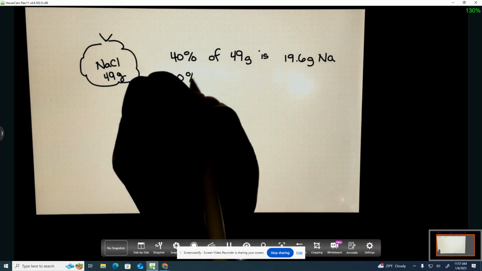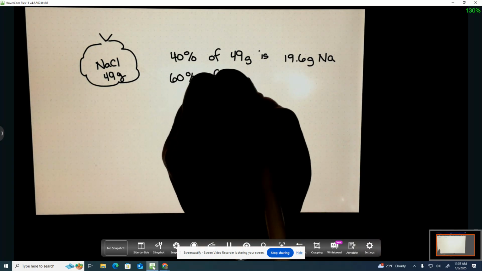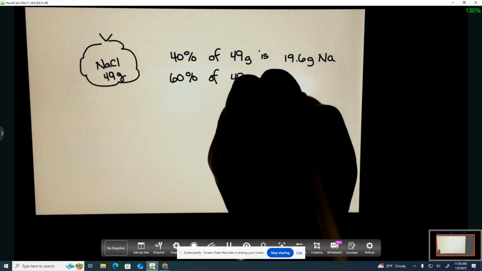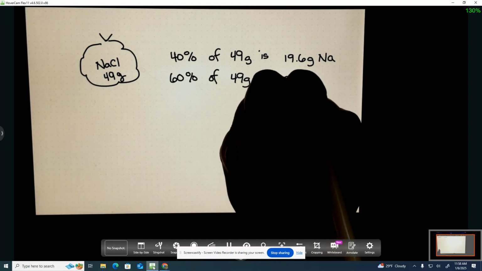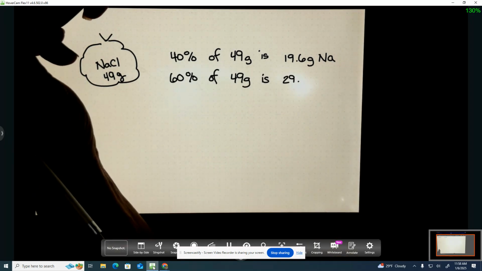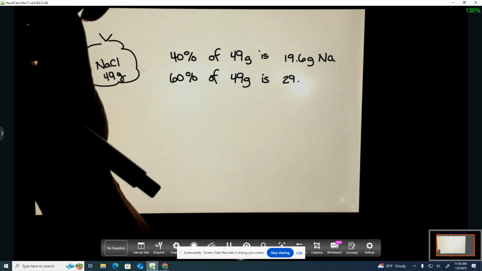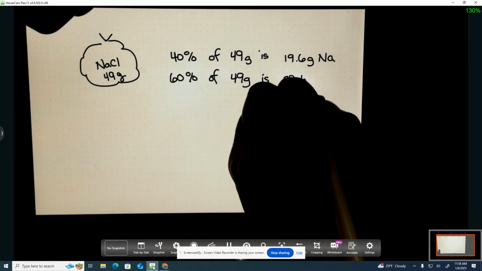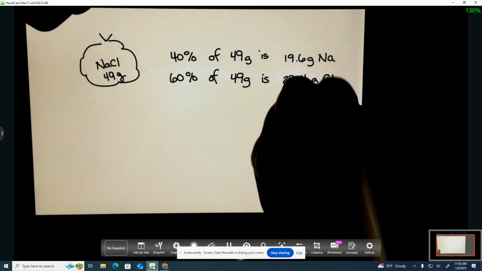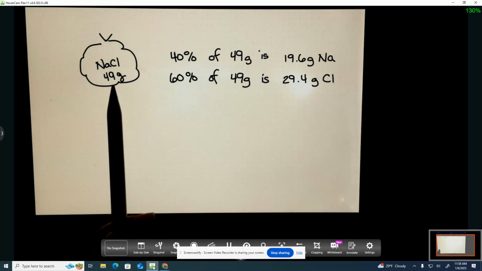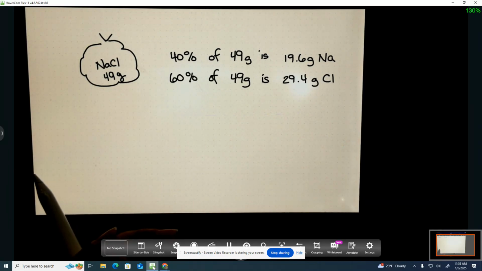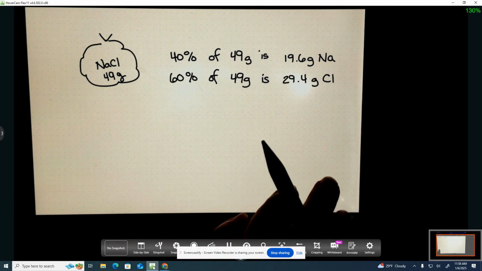And 60% of 49 grams is, let me do it on the calculator, 0.6 times 49. I made these numbers up, so 29.4 grams of chlorine. That sounds about right. So this bag size doesn't really matter. I can figure out how many grams I have. Everybody got that? Okay, moving on.